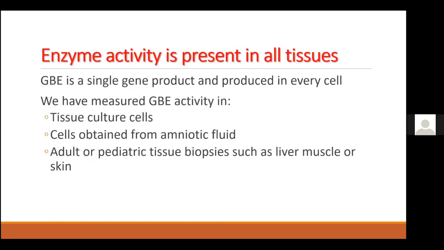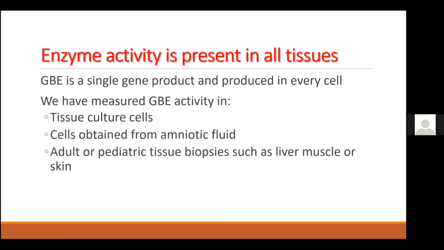Now, enzyme activity is present in all tissues, and so we get tissue samples from patients, and of course we have the mouse model in which we measure the enzyme activity in the tissues, and in the past we also tested embryonic tissues for enzyme activity.